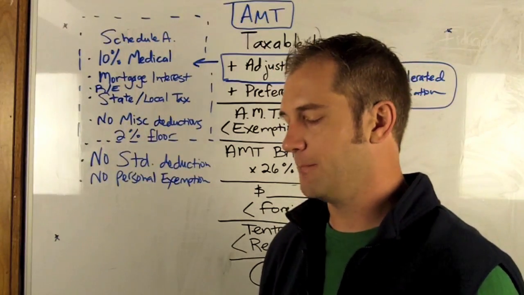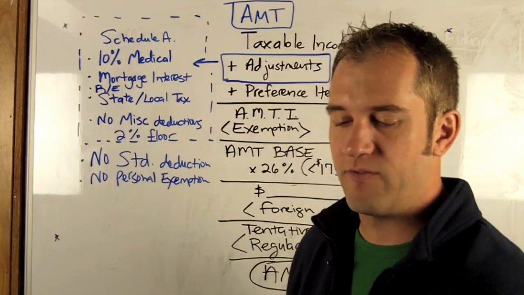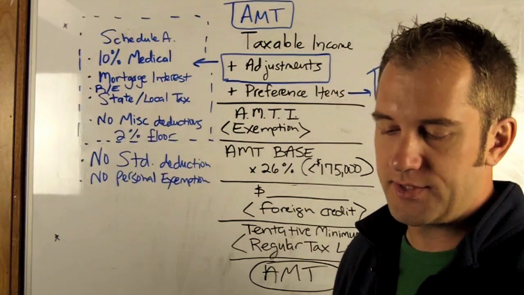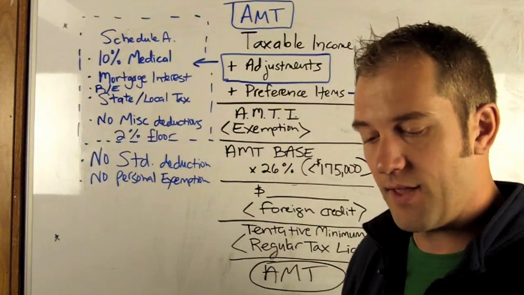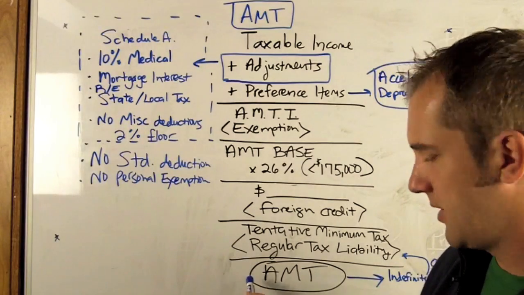All right, number one: the alternative minimum tax is computed as the excess of regular tax over tentative AMT, or the excess of tentative AMT over the regular tax? Tentative AMT over the regular tax. That's what it is.